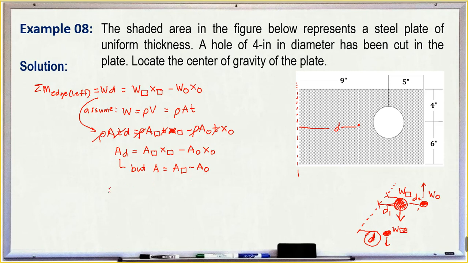So ato i-substitute, we have area rectangle minus area sa hole times distance equals area sa unpunched rectangle, centroid sa rectangle minus area sa circle, centroid sa circle. Diri ato i-determine ang area, I mean the centroid of the rectangle.